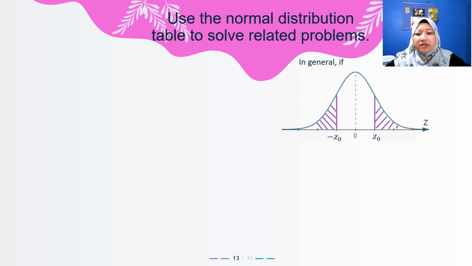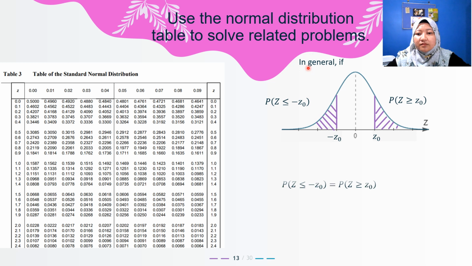Okay, in general, if we have probability Z greater than Z0, and this one is less than or equal to negative Z0, the value is equivalent. The area is equivalent. So Z less than or equal to negative Z0 equals probability of Z greater than or equal to Z0.